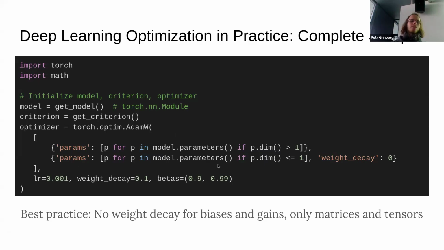But just keep in mind that it is possible to give different hyperparameters for different parts of the model if you need this for some reason. And if you only indicate parameters and you do not indicate weight decay or something, it will use the default ones defined here after this list. Okay.